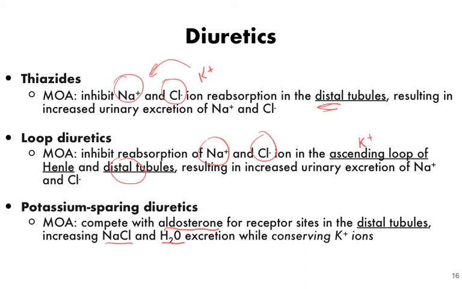However, the potassium is not following in the same way the sodium would be. So more urine is excreted, less blood volume, lower blood pressure. So that's the difference between the thiazides, the loops, and the potassium-sparing diuretics.